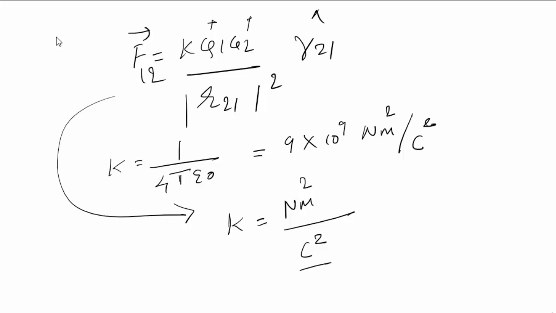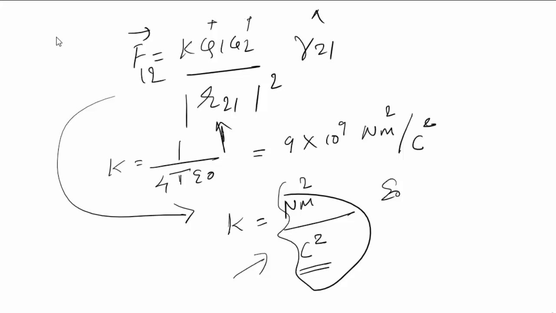That's how you find the unit as Newton meter square divided by Coulomb square. The unit vector has no unit. So that's how you find the unit of k.